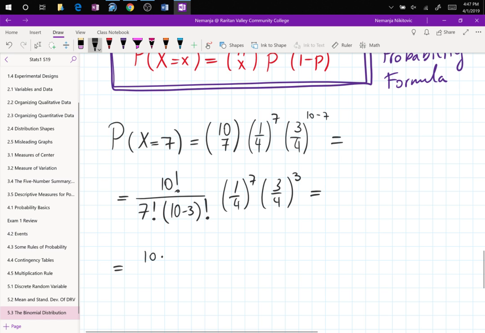So 10 factorial is 10 times 9 times 8 times 7 factorial, divided by 7 factorial times 3 factorial. If you know algebra, these calculations tend to be easier if you use fractions, but you can use decimals and punch everything into the calculator, because we are looking for a three-digit decimal anyway at the end. I'm just going to simplify these calculations using fractions as much as possible.